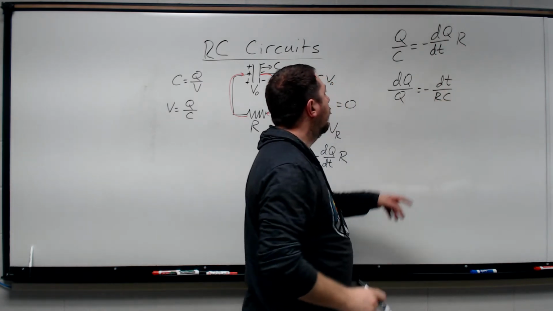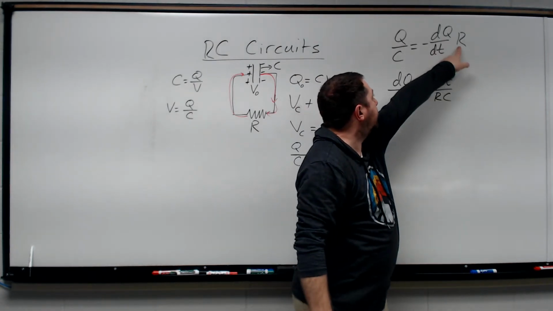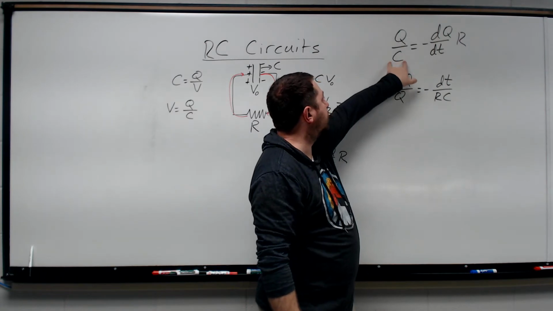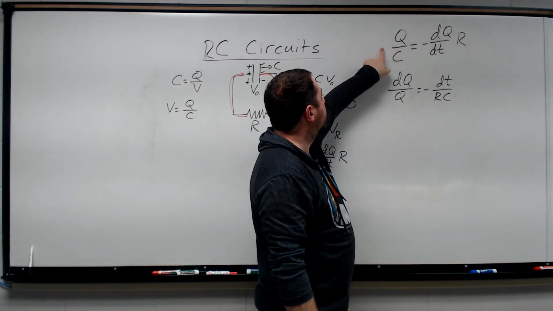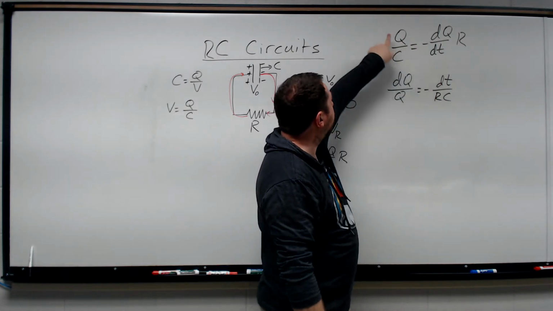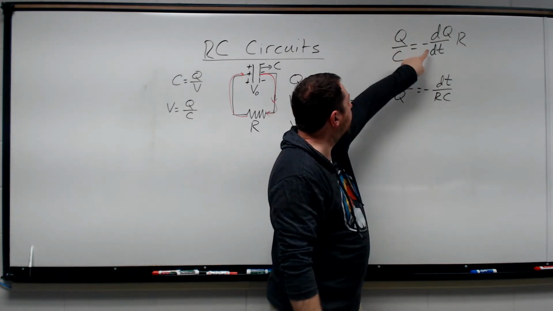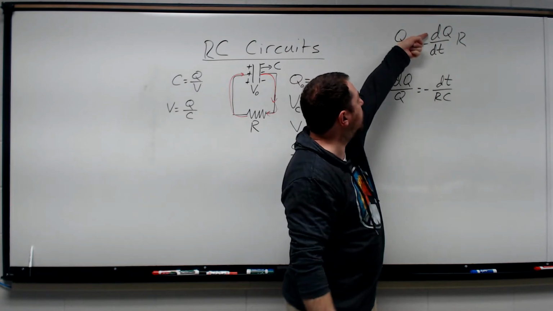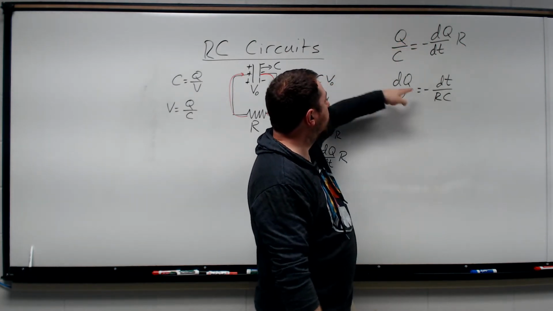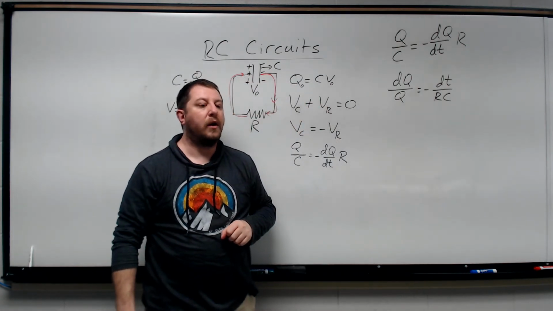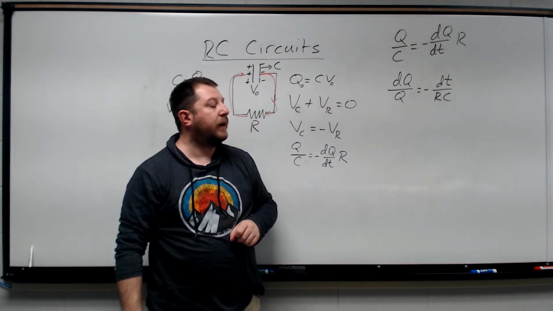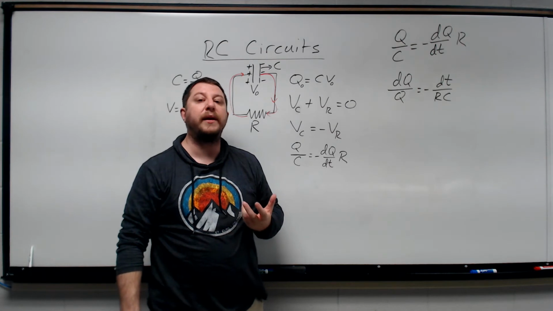Okay? So if I divide by r, I get RC on the bottom here. Divide through by the negative sign, multiply by dt, and divide by q. So I get dq over q is equal to negative dt over RC. Okay? So this is our equation that we can now integrate.